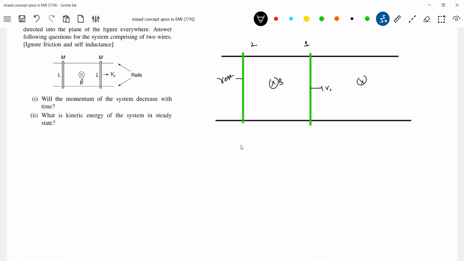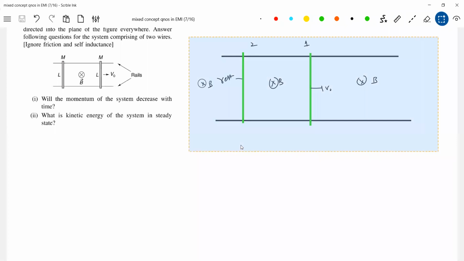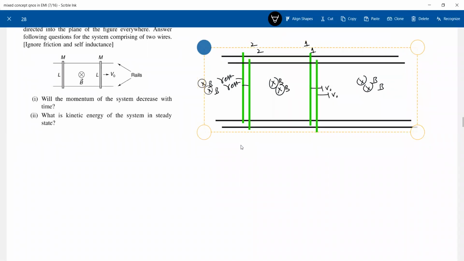B bar is present everywhere. Now when you give velocity V naught, negative flux increases, d phi by dt negative, EMF induced positive, and the induced current will flow anti-clockwise. In what direction will the current flow here?